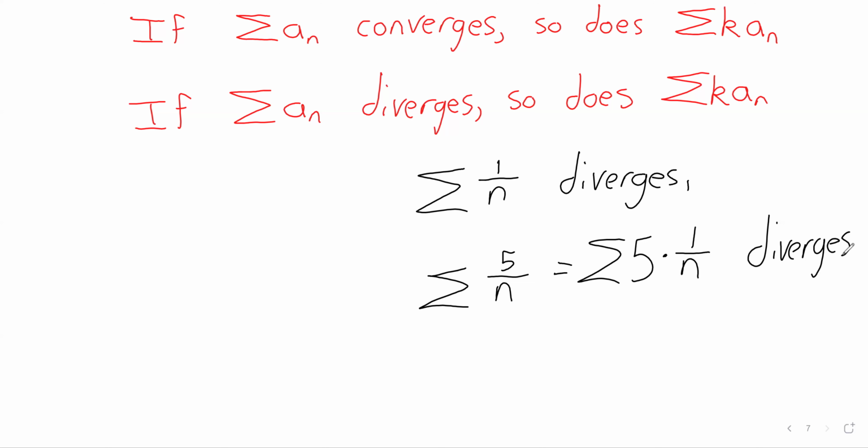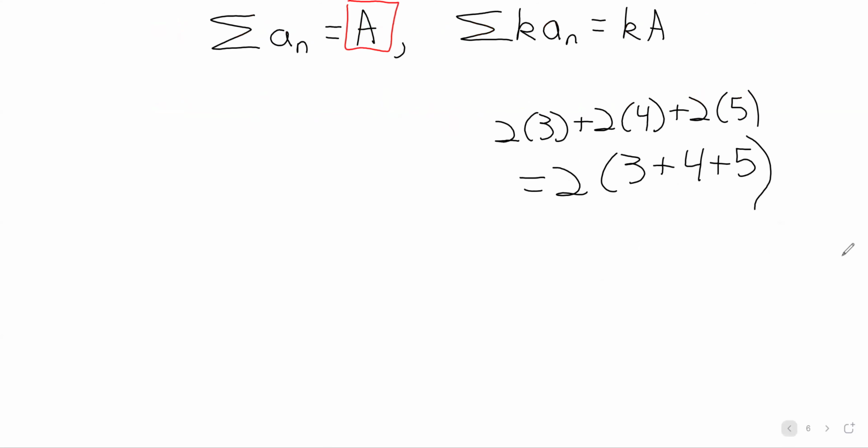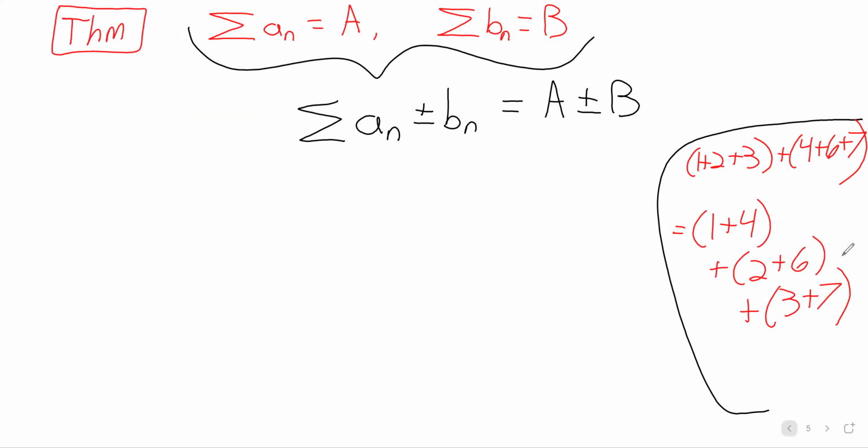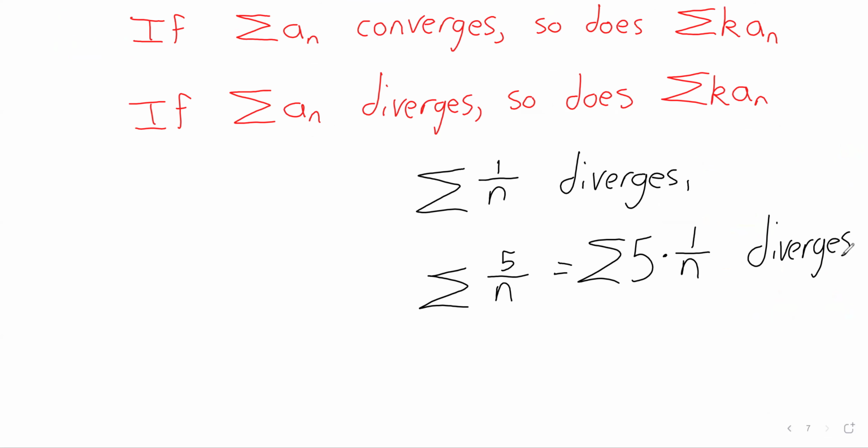You need to be careful, addition and subtraction is delicate. So we have this result. If we have two convergent series and we add them or subtract them, the result is convergent. What about divergent series? Or what if we have a convergent series and a divergent series?